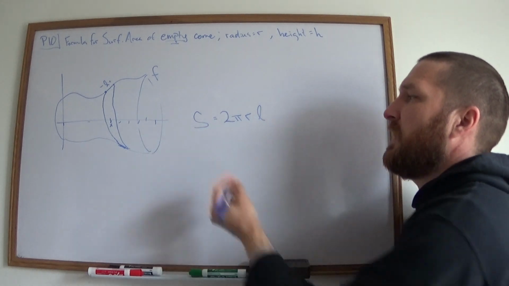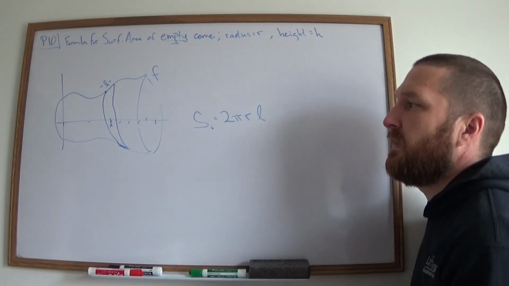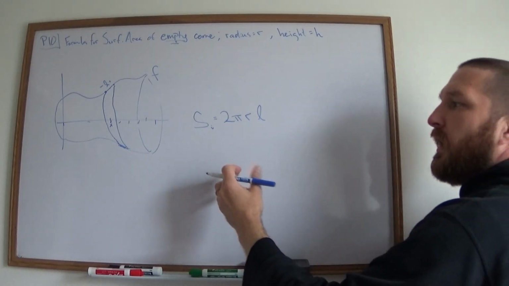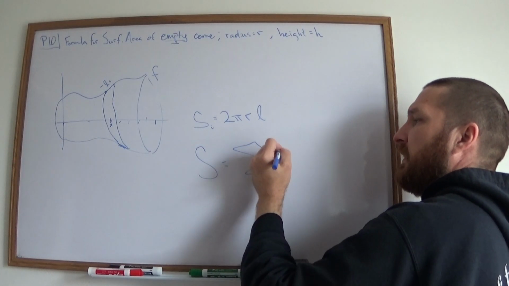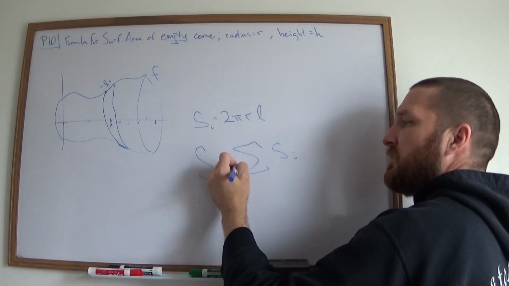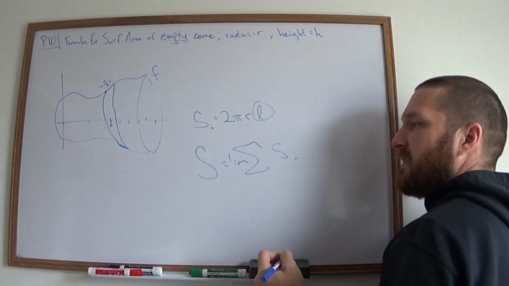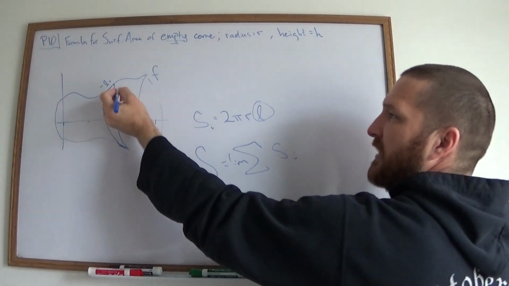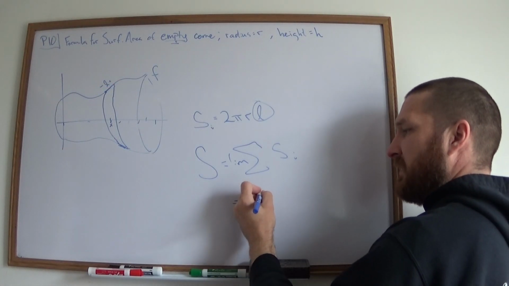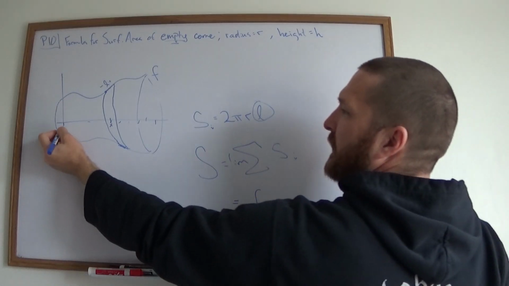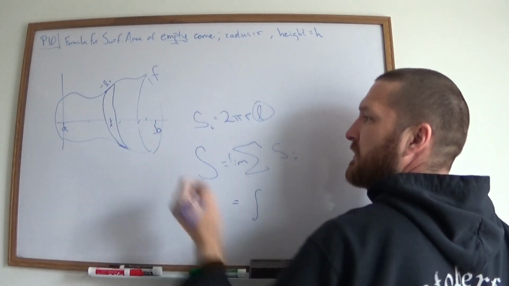I'm going to use S for that, so that would be the ith surface area. And then when you add them all up to get the full surface area, right? You add them all up and you take a limit, then this thing ends up being the arc length from here to here, and what we end up with is an integral from, let's call this A and let's call this B on the domain.